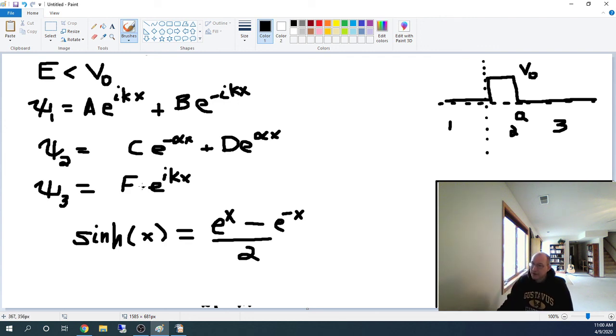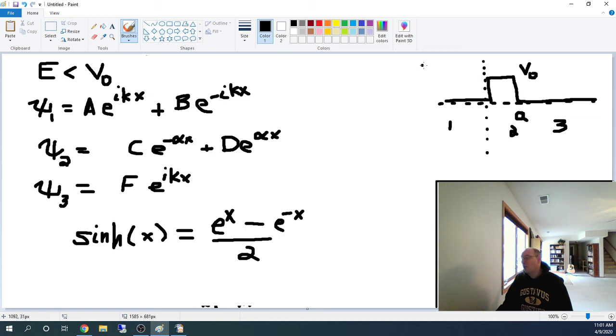So this is interesting. This transmission coefficient is describing something that cannot happen in the classical world. It's like having a barrier where the particle that's going to run into it doesn't have enough energy to have kinetic energy to carry it through.